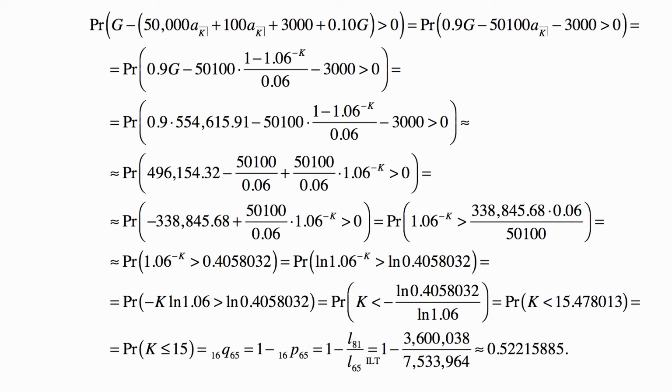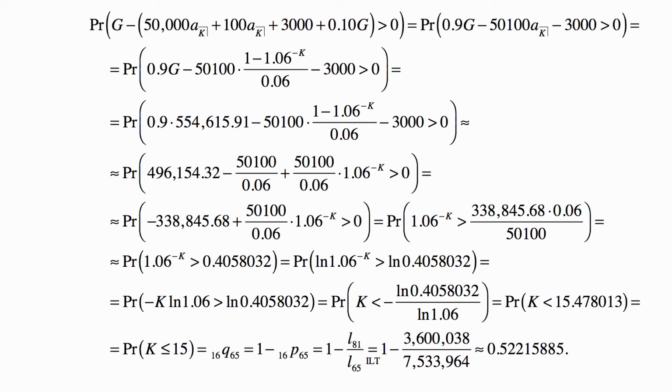So do all the multiplications there. We get 496,154.32 minus 50,100 over 0.06 plus 50,000 over 0.06 times 1.06 to the minus k, this to be greater than 0.